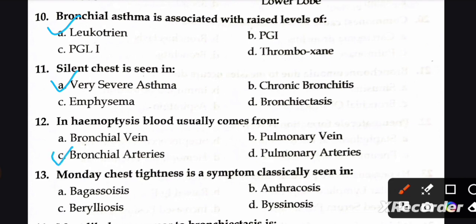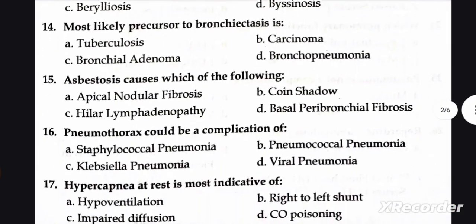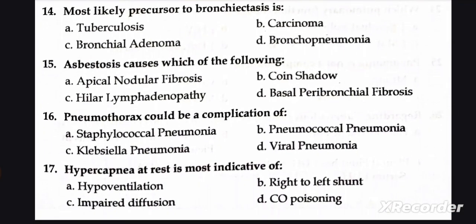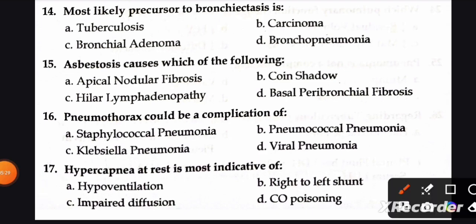Next question is: Monday chest tightness is symptom classically seen in A. basilosis, B. anthracosis, C. berylliosis, and D. bassinosis. Right option is D. bassinosis. Next question is: most likely precursor to bronchiectasis is A. tuberculosis, B. carcinoma, C. bronchial adenoma, and D. bronchopneumonia.